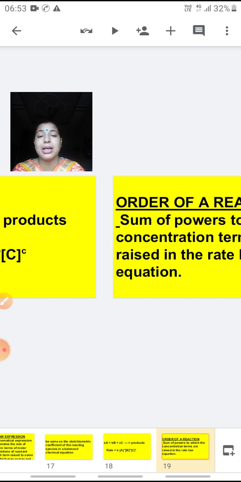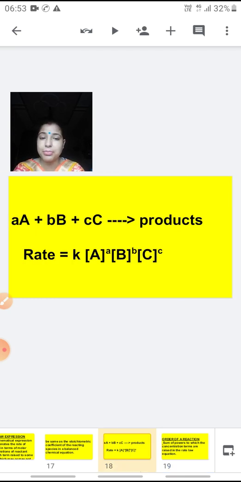For a zero order reaction, what will be the value of a, b and c? What do you think? As I told you, the sum of powers to which the concentration terms are raised in the rate law equation will give you the value of your order. Now according to this equation, what should be the value of small a, small b and small c in order to have a zero order reaction?